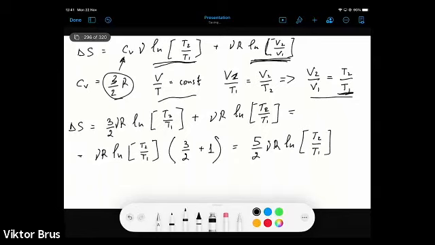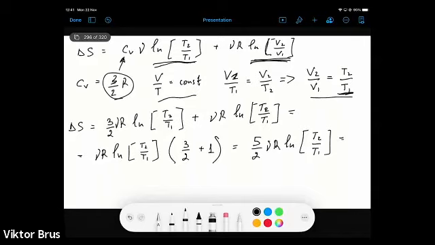So this is the expression for the change of entropy in isobaric process.